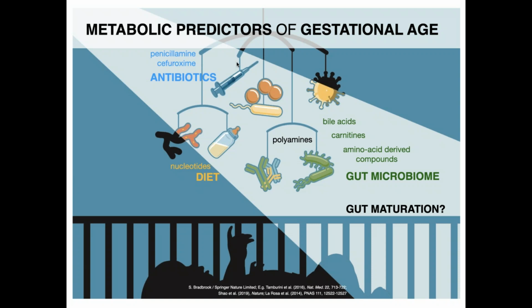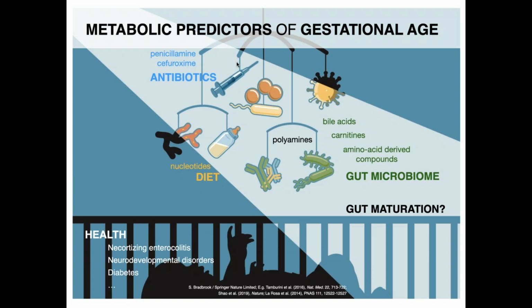And so it is known that antibiotics use as well as diet has a large impact on the gut microbiome. And the gut microbiome, on the other hand, is known to have a profound impact on health, especially very early on in life.